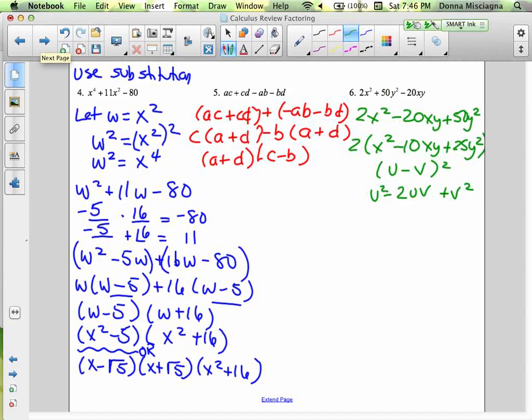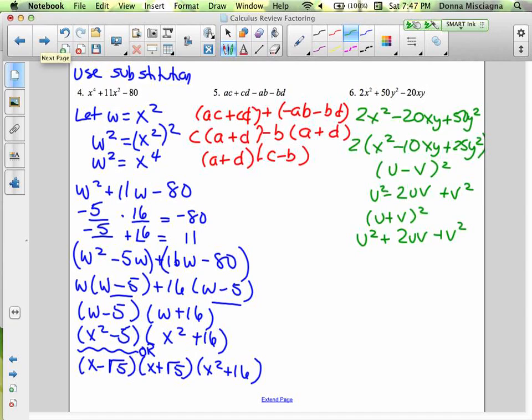Right, so the u is the x, and we've got 25y squared, so the v is the 5y. All right, and if you take 2 times x times 5y, you get 10xy. If this had been a u plus v squared, it would have been u squared plus 2uv plus v squared, just the sign.